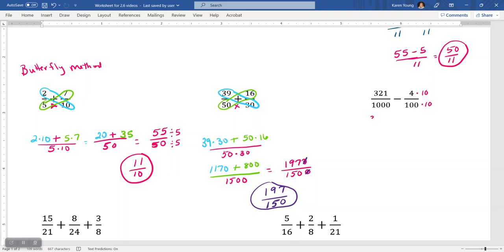So I keep my first one, 321 over 1,000. And I'm going to subtract 4 times 10, which is 40. 100 times 10 is 1,000. So 321 minus 40.